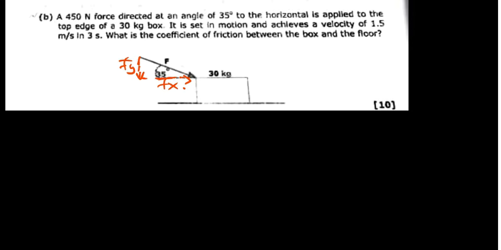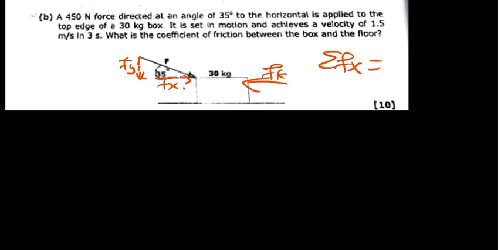Now if we do the summation of all the forces, we know that friction is opposing the motion. Since this object is moving in the x direction, we don't expect net force in y. The net force in the y direction is going to be 0, meaning the object is not moving in the y direction.